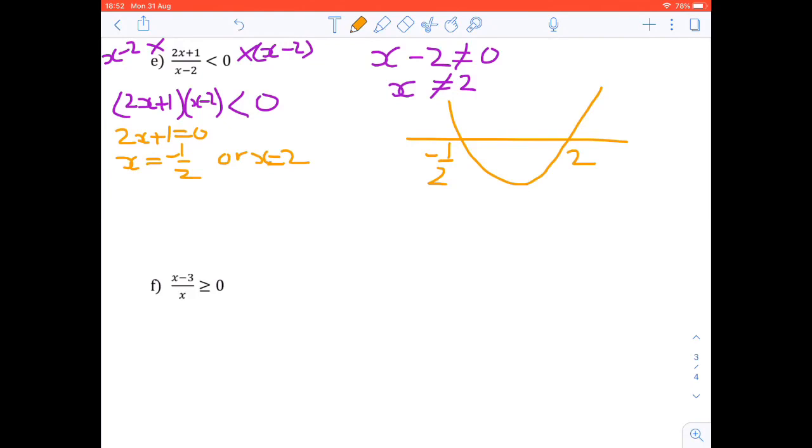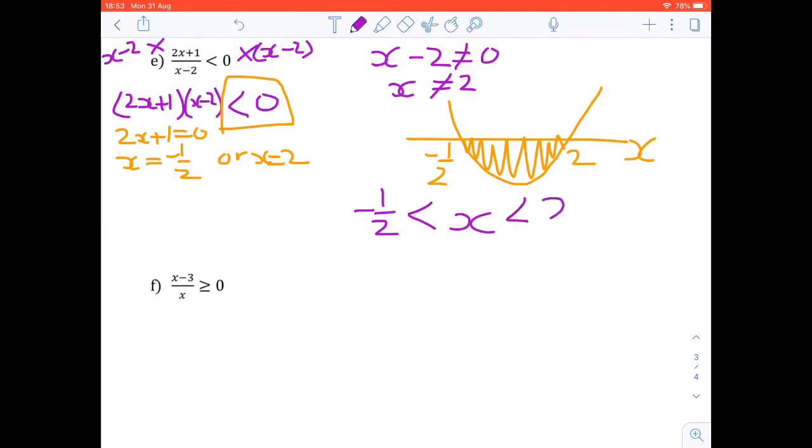And the question is asking less than 0. So wherever this parabola dips below the x-axis, which is between the two values. So we now use that as our answer. So x is greater than negative a half, but x is less than 2.